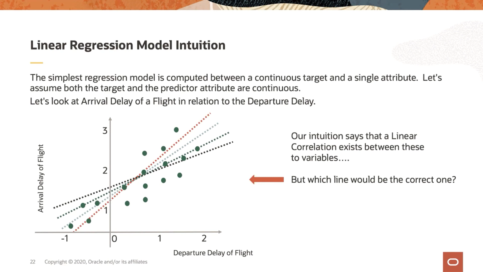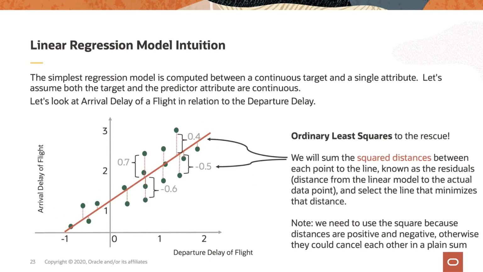So to your mind, it makes sense. But to pick the correct one, there is a method called ordinary least squares. What this method does is basically take the sum of the squared distances between each point and your line, your predictor, and you're trying to minimize that. That's basically what ordinary least squares does.